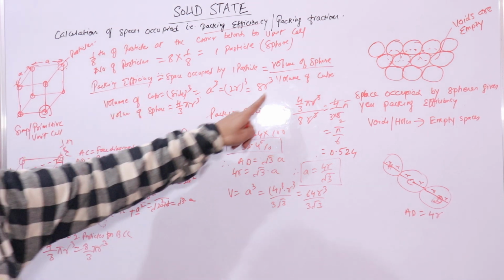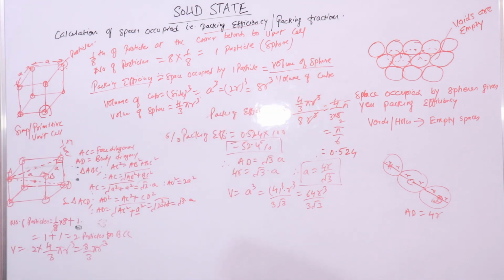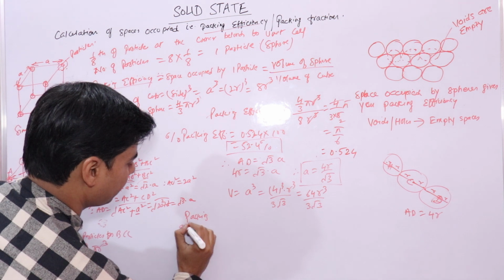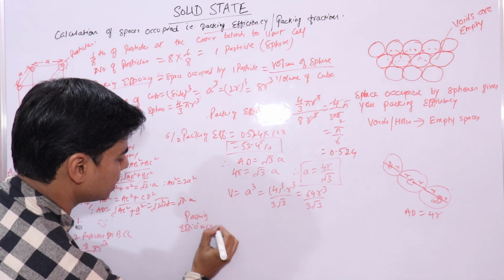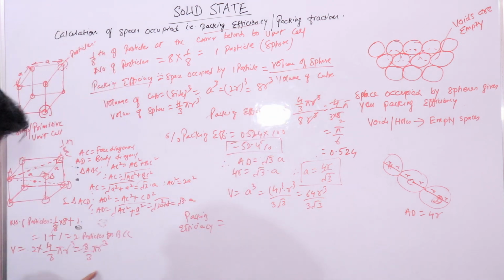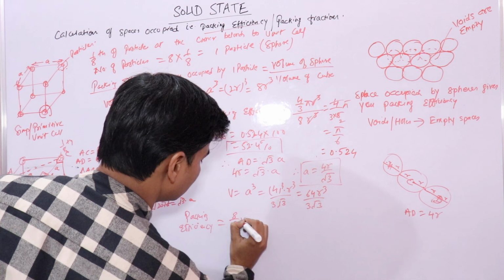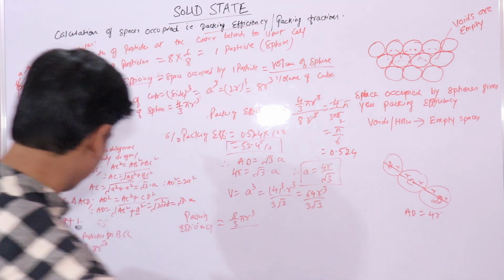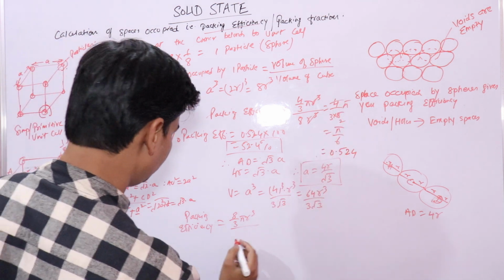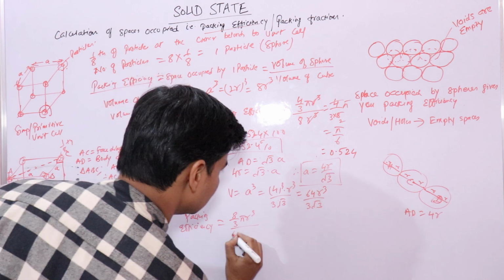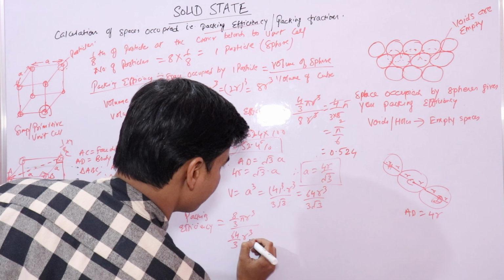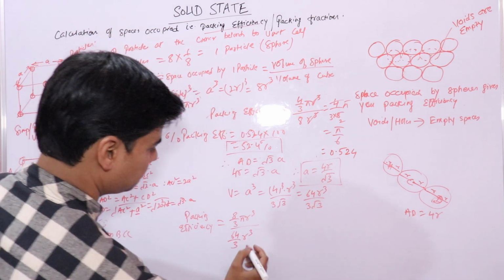Now we have the volume. If you put it in this formula, packing efficiency would be equal to volume of sphere, which would be 8 by 3 pi r cube, divided by volume of cube, which we have calculated to be 64 upon 3 root 3 r cube, right.